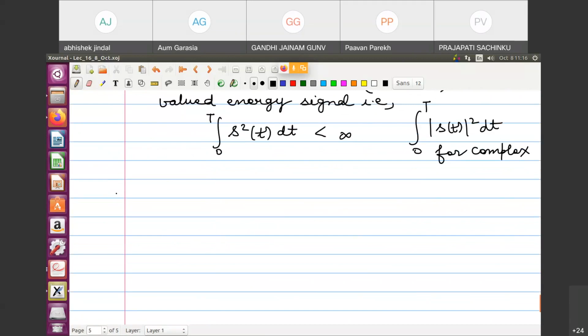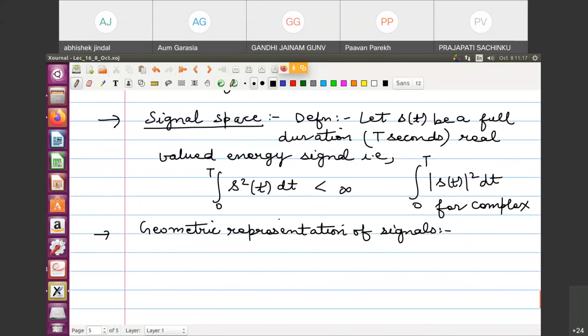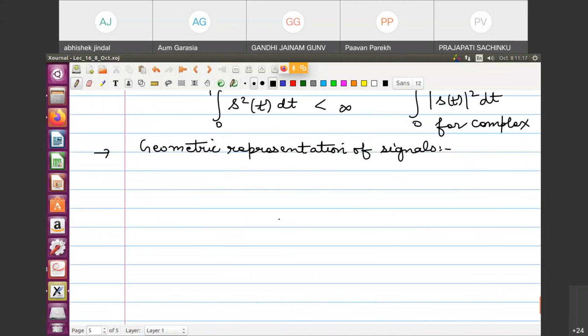So now we will go to geometric representation of signals. First of all, we will study geometric representation of signals. Our purpose of doing this is, you can say, an intriguing concept.